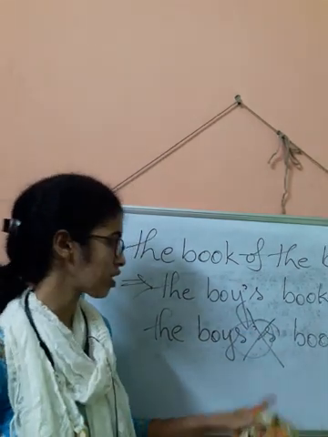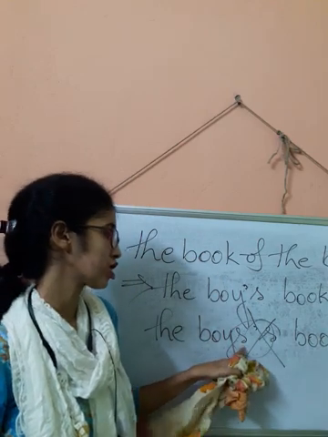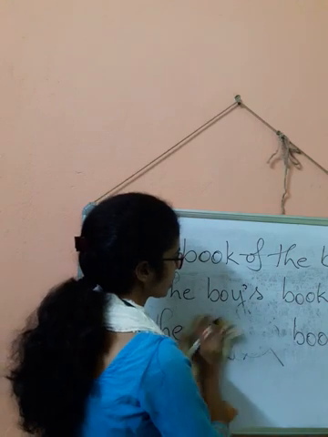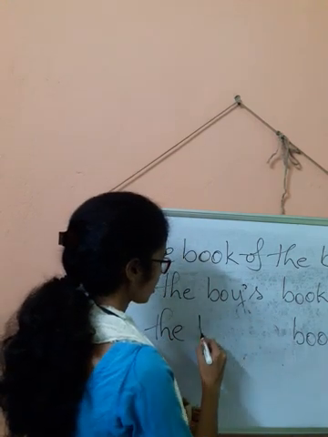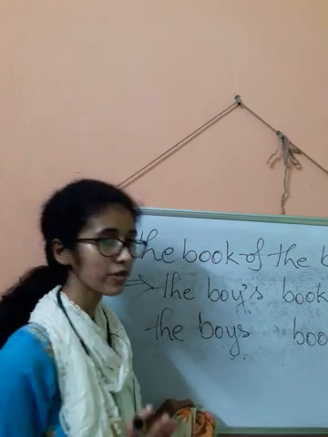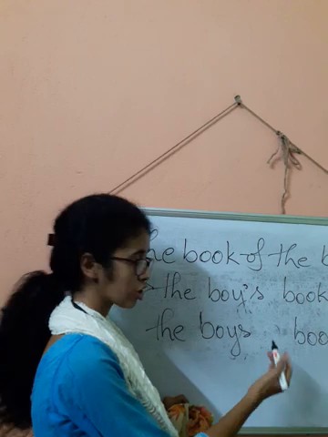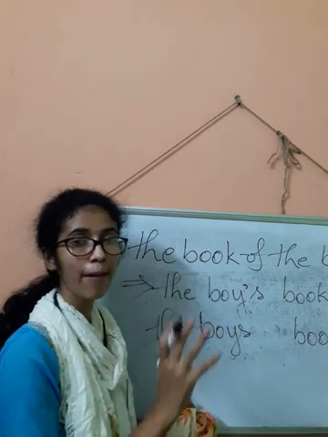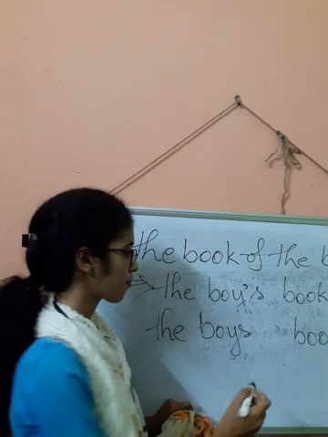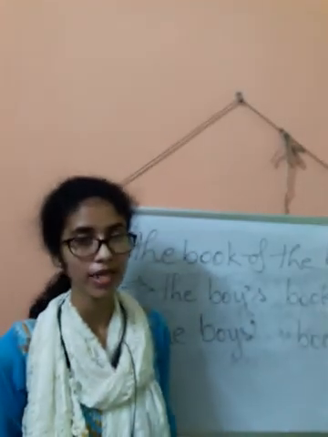We cannot use apostrophe s after s when the noun is in plural. When the noun is in plural form, and because of this plural form it is taking s at the end, we cannot use apostrophe s. We are allowed to put apostrophe only. No s will be there.